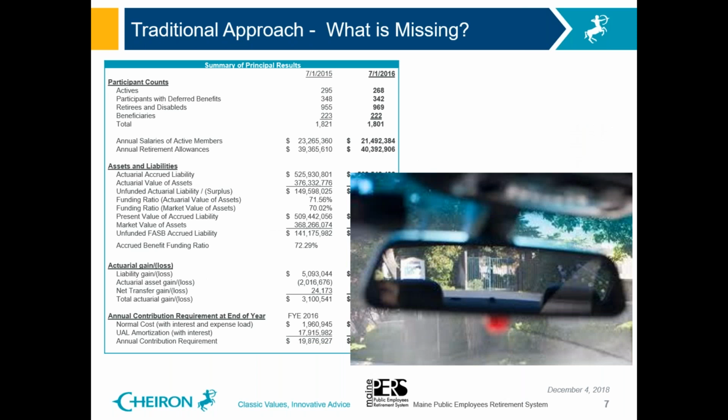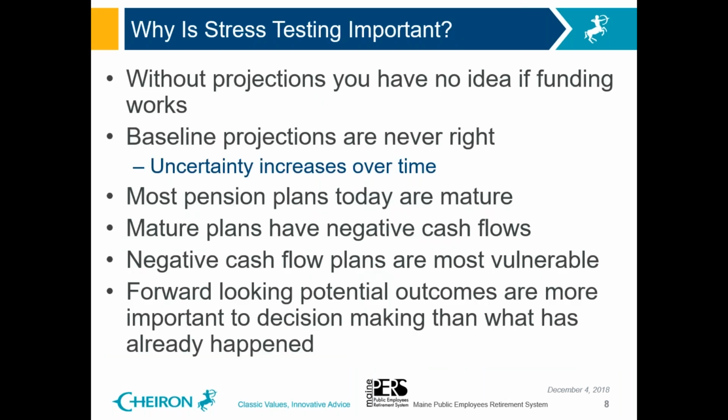The traditional approach is focused on this year's results versus last year's results, and we feel that that's like driving your car through a rear view mirror. It's informative to know what happened between this year and last year, but what's more important is where you are heading.